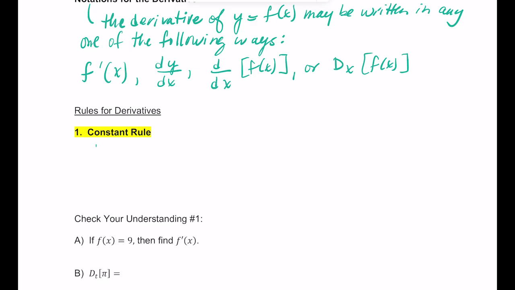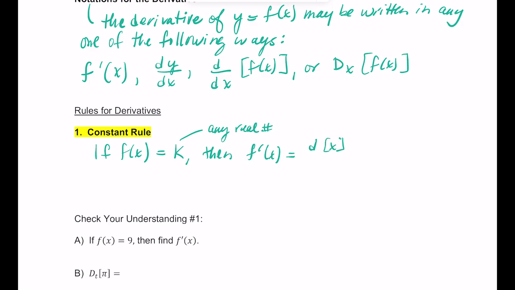More formally it would say if f of x equals some constant, let's call that constant k, and k could represent any real number, then f prime of x is the derivative of k with respect to x, which is just 0. So the derivative of any constant is 0.